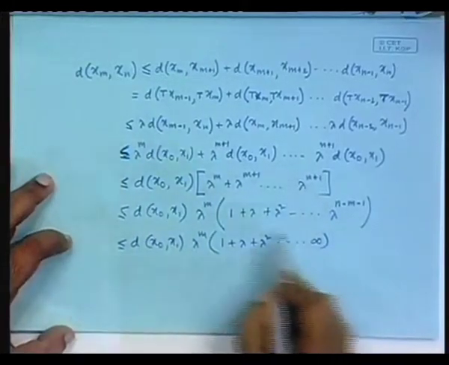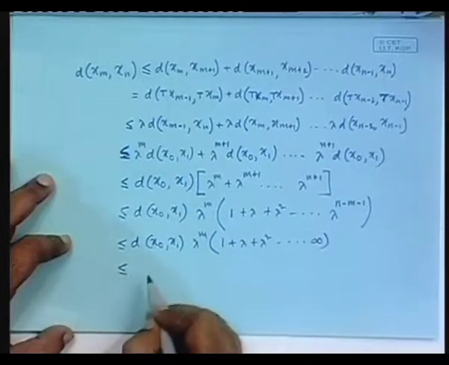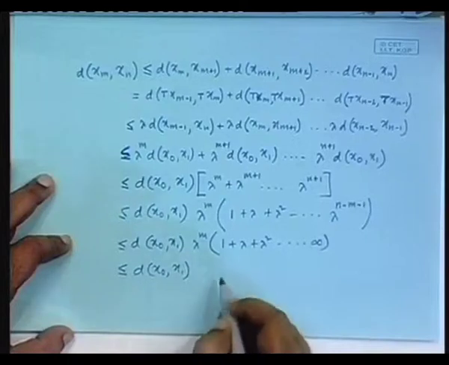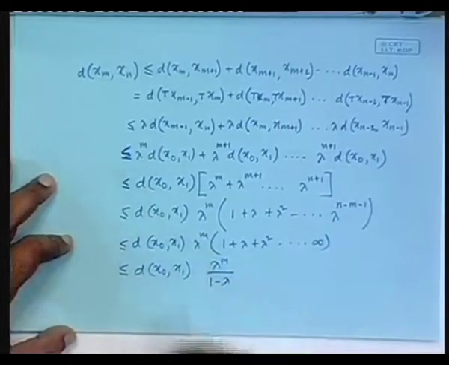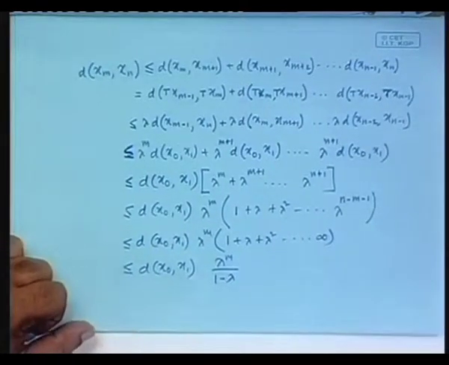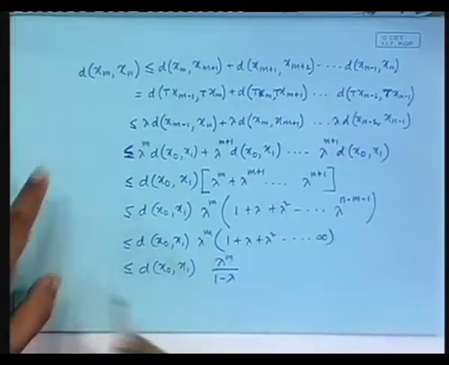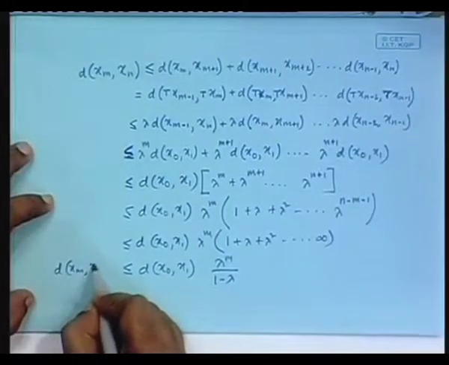Well, now this one you can shorten it and write it as, right, very important step. Now you see, we have, let me write that again here, x m x n.